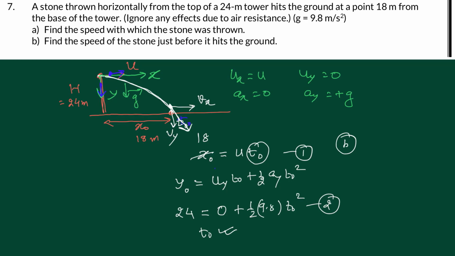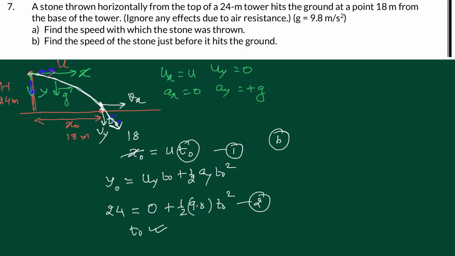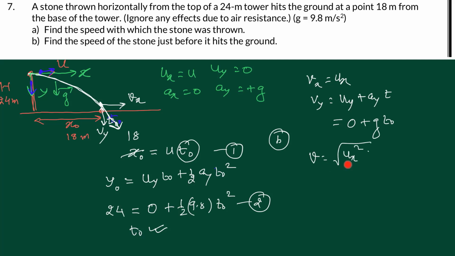As acceleration along the x-axis is 0, Vx is equal to Ux, and Vy will be Uy plus Ay t. Uy is 0, Ay is g, time is t naught. So how much will be the speed with which it hits the ground? Under root Ux square plus (g t naught) whole square. Substitute the values, you will get the answer.